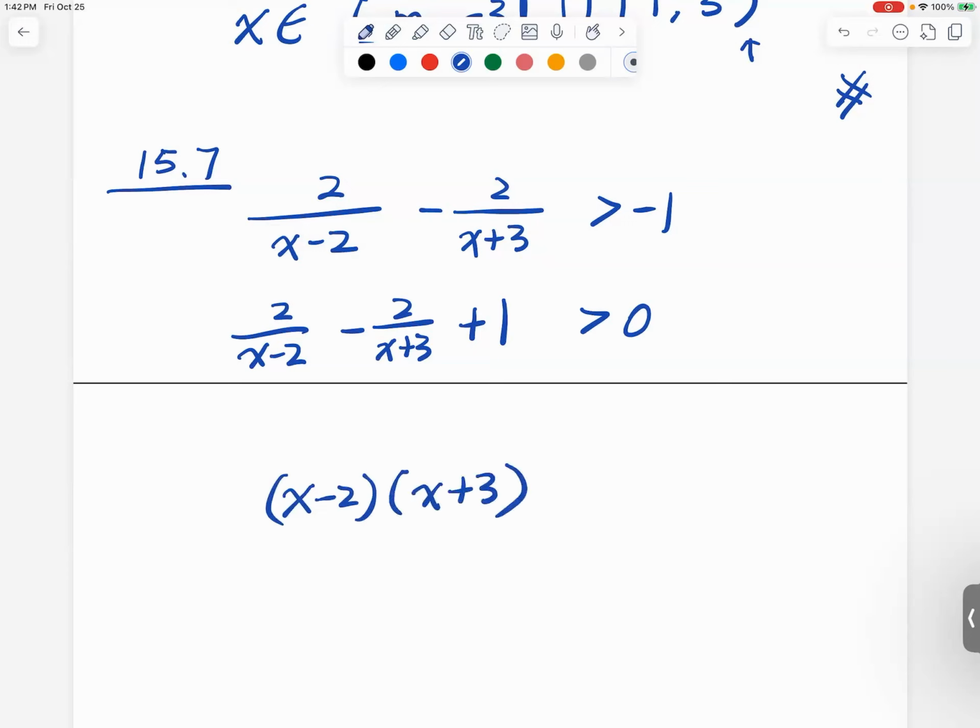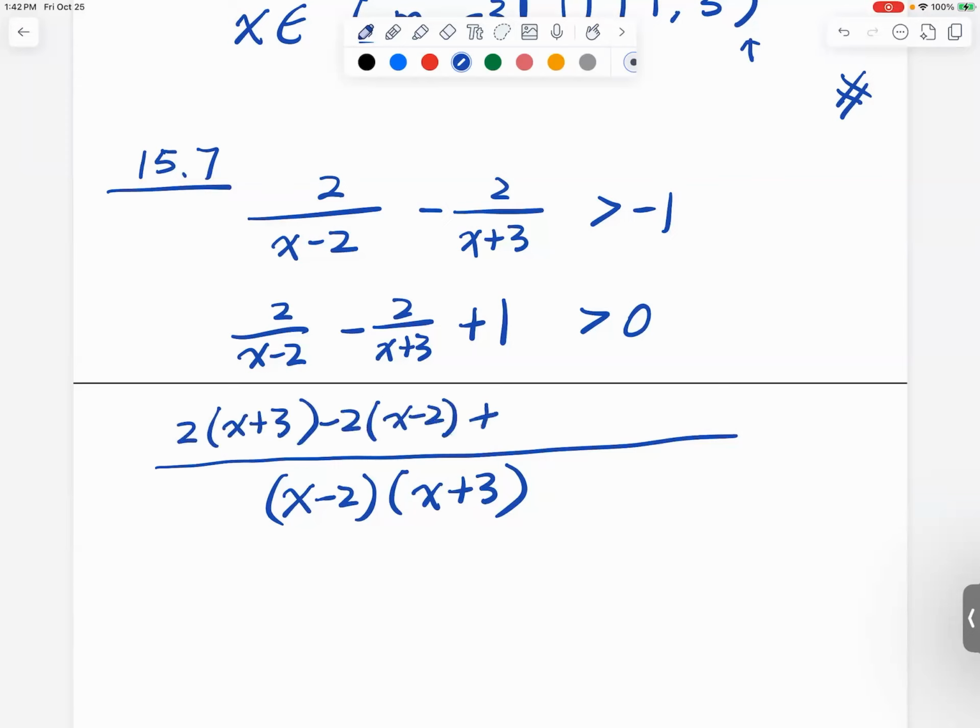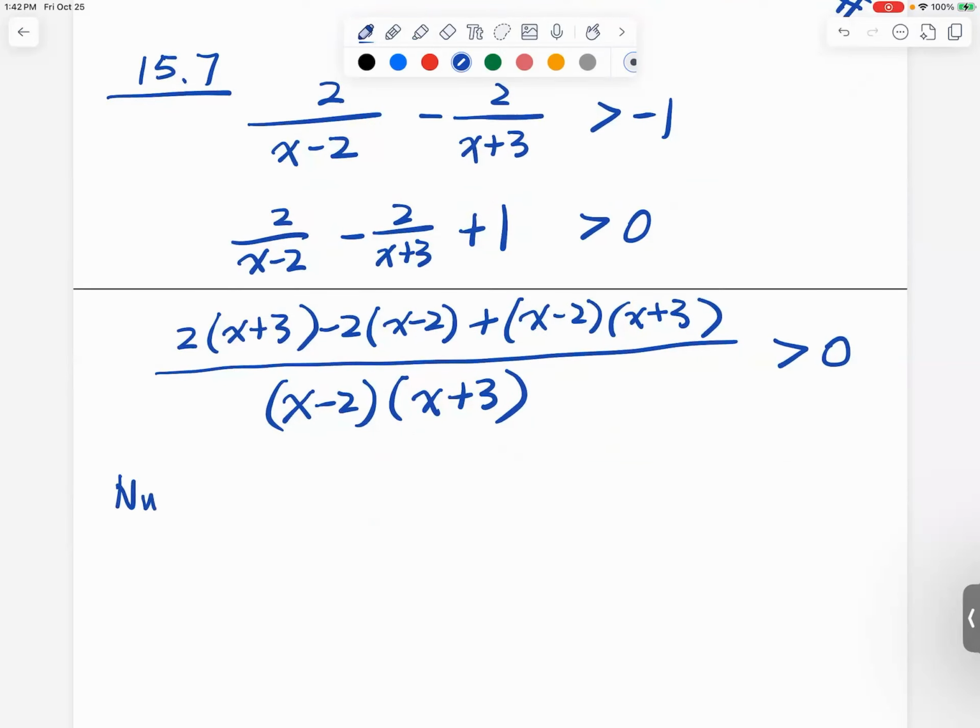Then we write the left-hand side as a single fraction. The common denominator is x minus 2 times x plus 3. The numerator is 2 times x plus 3 minus 2 times x minus 2 plus x minus 2 times x plus 3, bigger than 0. Now let's look at the numerator.